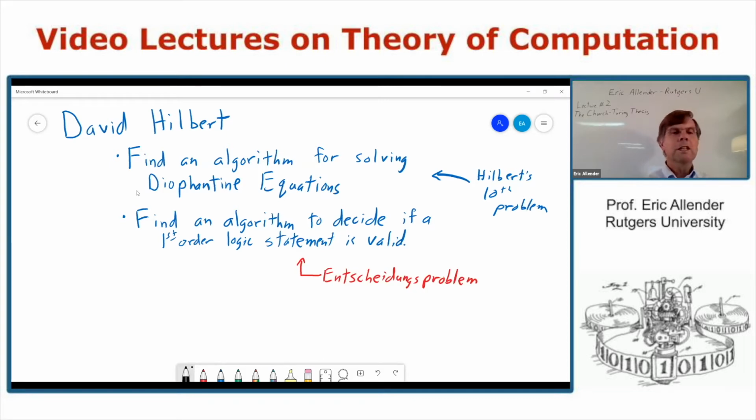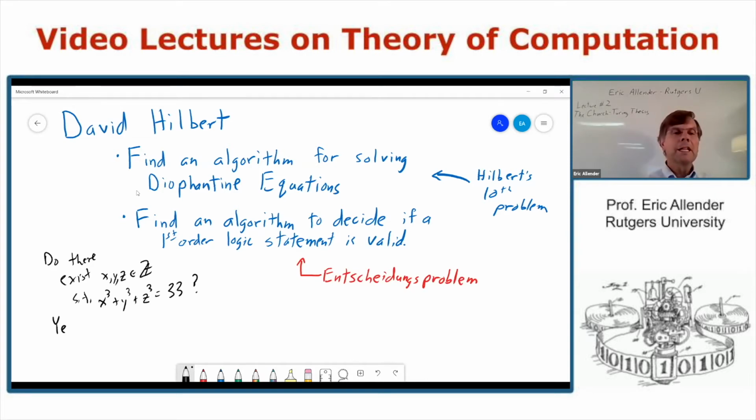Let's start with a simple example. Do there exist integers x, y, and z such that x cubed plus y cubed plus z cubed is equal to 33?